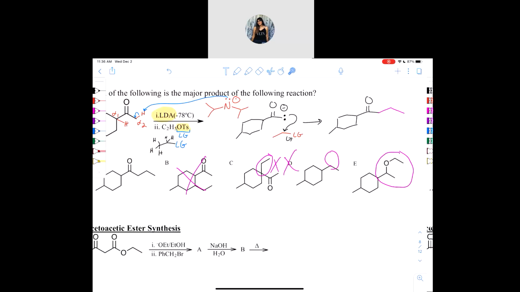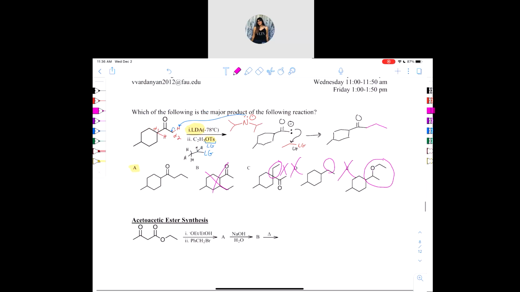Yeah, it's almost like they either tried to do a Williamson ether synthesis or maybe the acetal ketol reaction. Like they did some weird thing here, right? And we know that no matter what we do, we're not going to replace the carbonyl with an alcohol. So we're going to cancel that out. So you'd really be tied between A and C, but we know that it's a bulky base, so we're going to pick A.